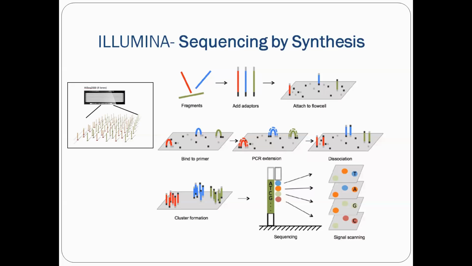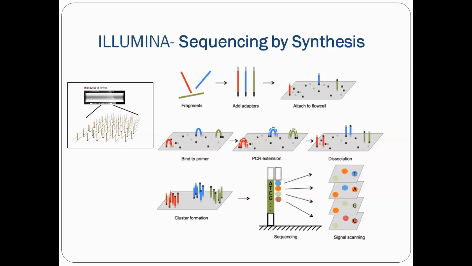And this bridge is then denatured, resulting in two single-stranded copies of the molecule that are attached to the flow cell. This process is repeated multiple times and it results in millions of clusters and leads to clonal amplification of all the fragments. After bridge amplification, the reverse strands are cleaved and washed off, and the 3' ends are blocked to prevent any unwanted priming.